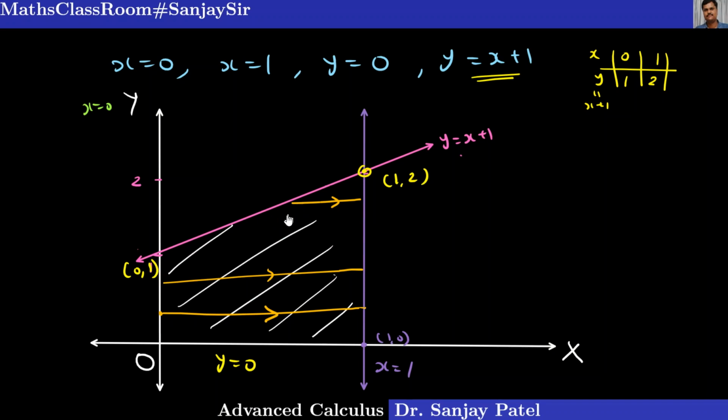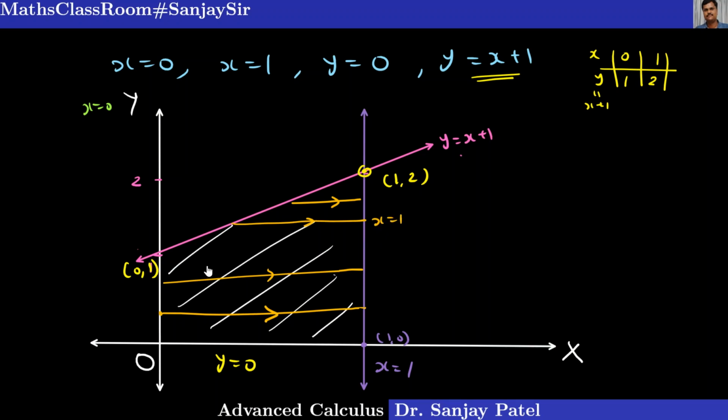So the curve is changing here. Even if I take another strip here, the left hand curve is y equal to x plus 1 and the right hand curve is this line x equal to 1.